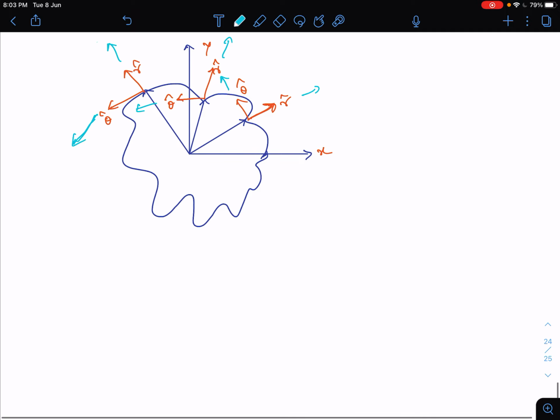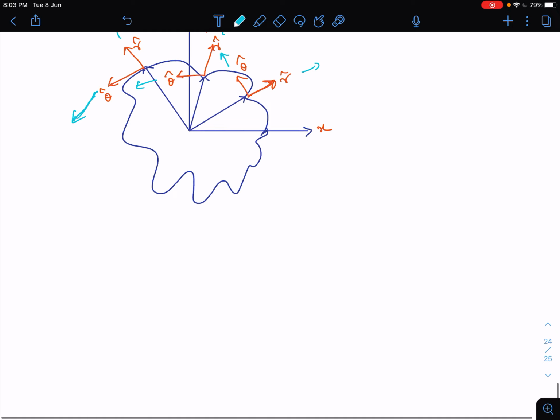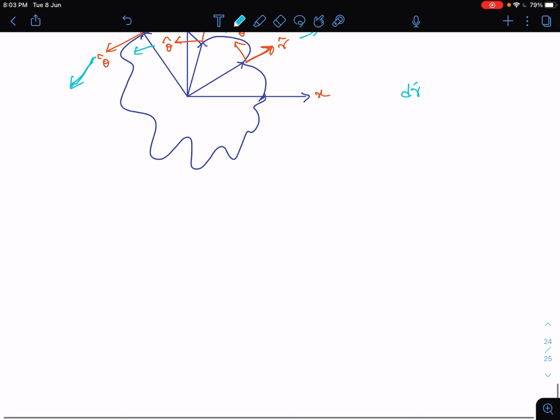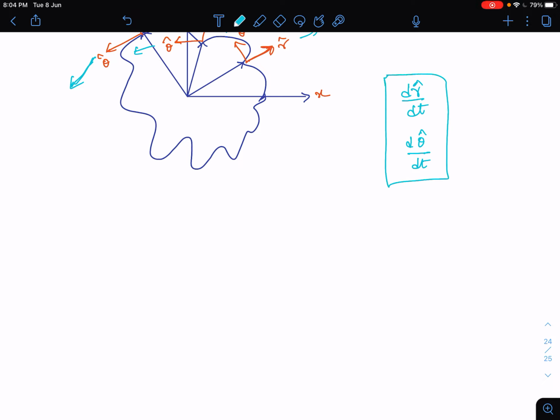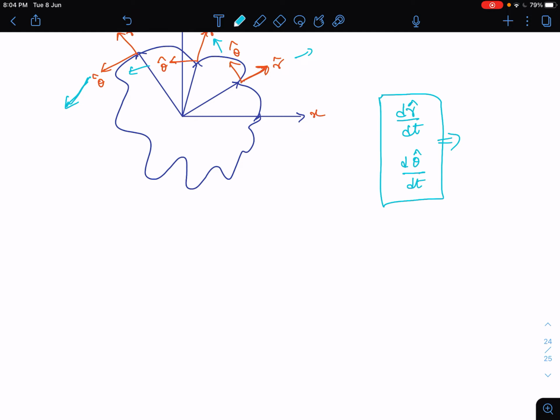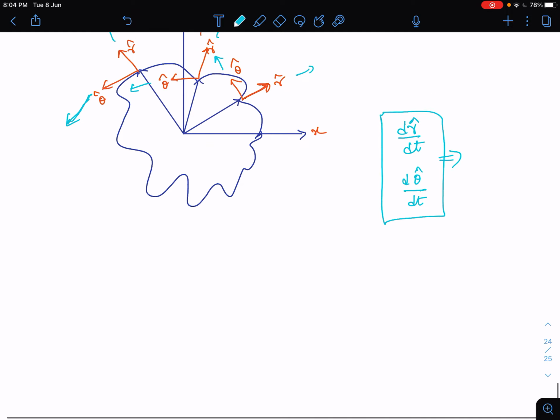So now our next goal is to calculate how the r cap vector is changing with respect to time, and how the theta cap vector is changing with respect to time. So what are these two terms in a zigzag motion, in any motion?